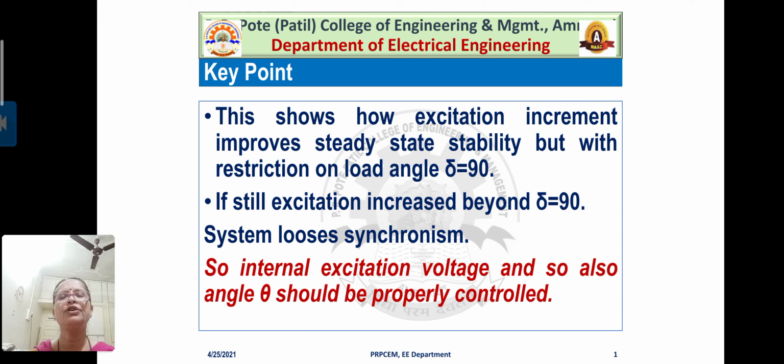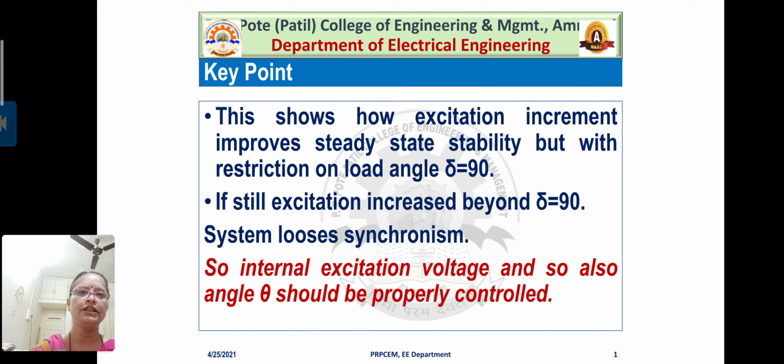For that case, we obtain what? Theta is equal to 75 degrees. Delta crosses 90, which we found to be delta equal to 95 degrees. So if excitation is still increased beyond delta equal to 90 degrees, the system loses synchronism. So the internal excitation voltage and also the angle theta should be properly controlled.